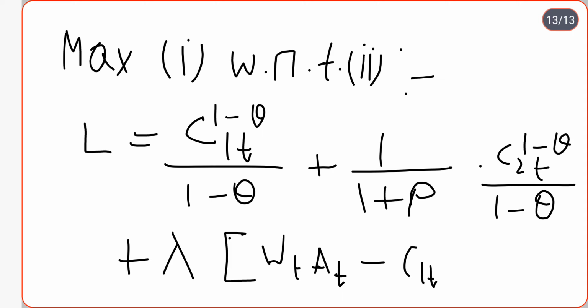C1T minus 1, it was plus there, but due to this minus it is being converted into minus 1 plus RT plus 1 into C2T plus 1.